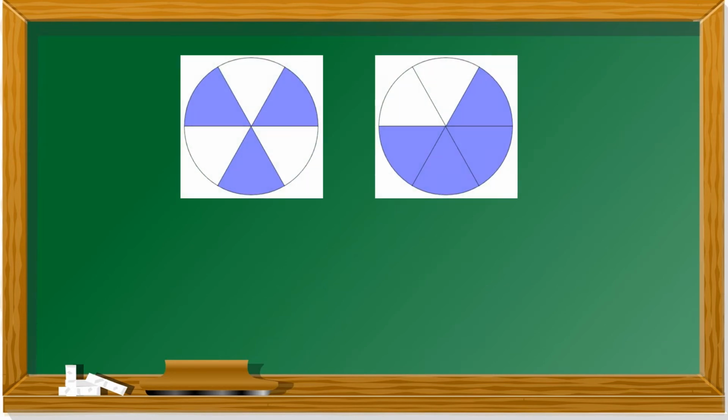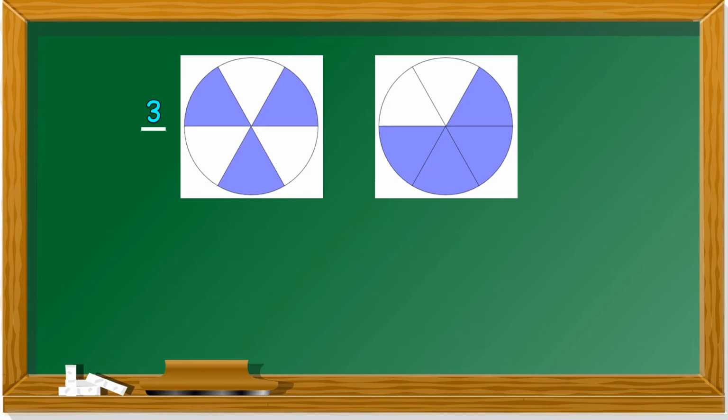This next example, it's a circle. How many parts in each circle? Count. There are 6 parts.